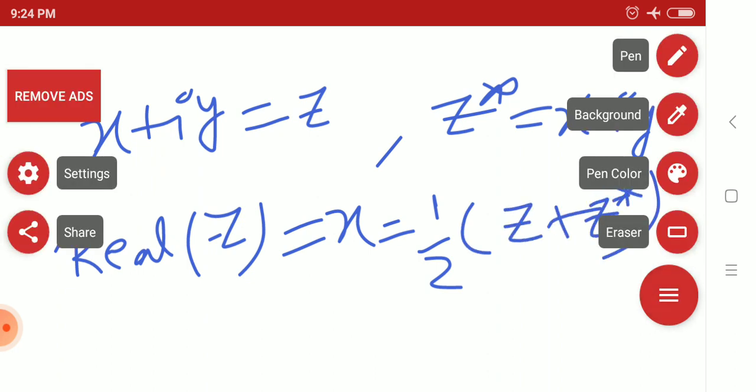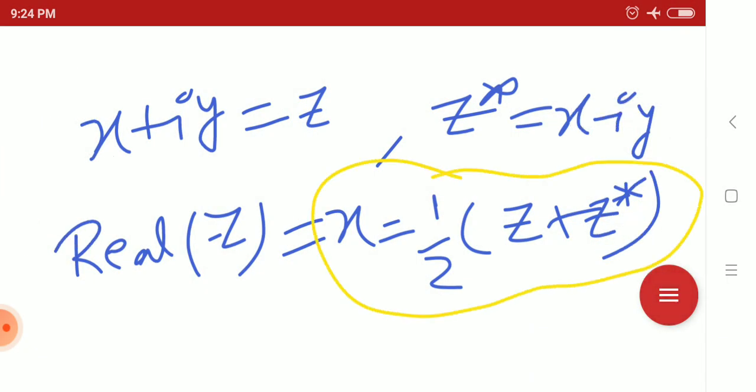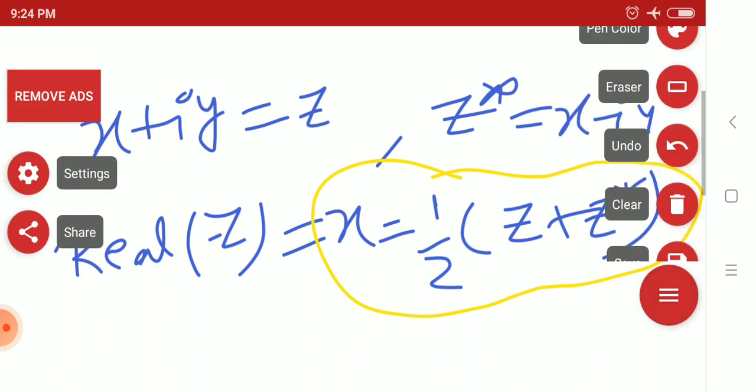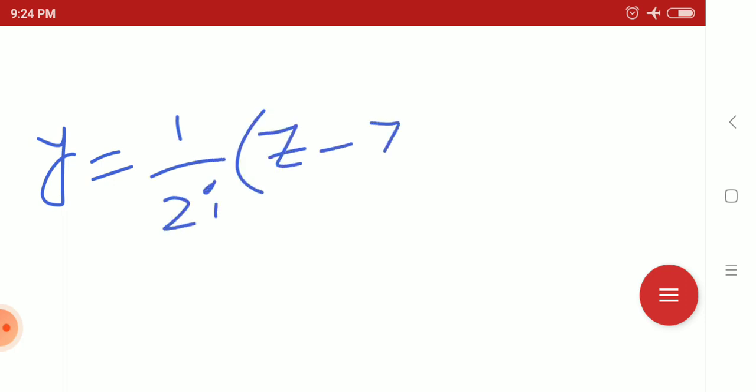It's a very important formula. Write it clearly: real part of a complex number equals half into z plus z star. Similarly, the imaginary part of a complex number can be written as y equals 1 by 2i into z minus z star.